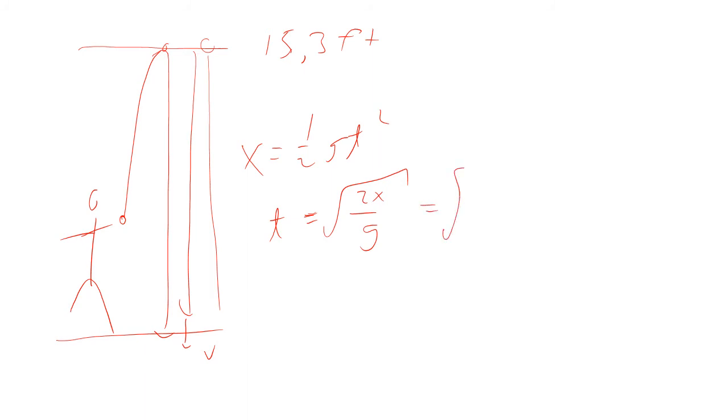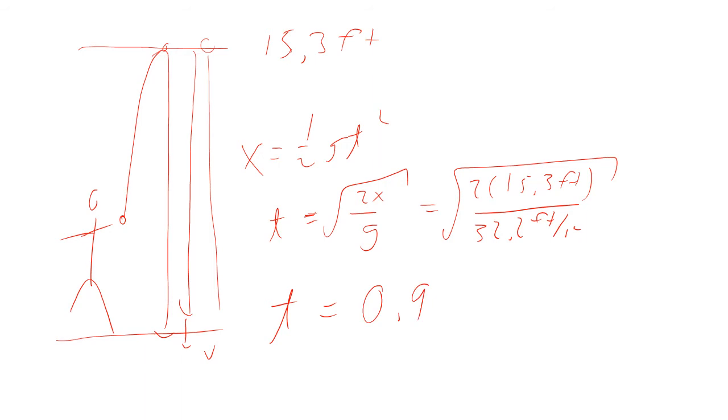That's the square root of 2 times 15.3 feet divided by 32.2 feet per second squared. So t is going to be equal to 0.975 seconds.